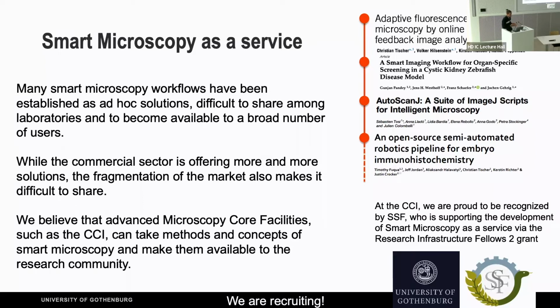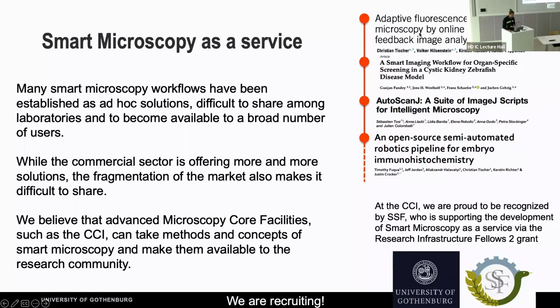And these sometimes end up in microscopy workflows that are established in an ad hoc manner, and then they become difficult to share among laboratories, because that was never the purpose, right? My purpose is just to answer my scientific question. That was the primary goal. Once I have answered the scientific question, perhaps there is not so much incentive for that group to necessarily package this in such a way that can be easily shareable, right?